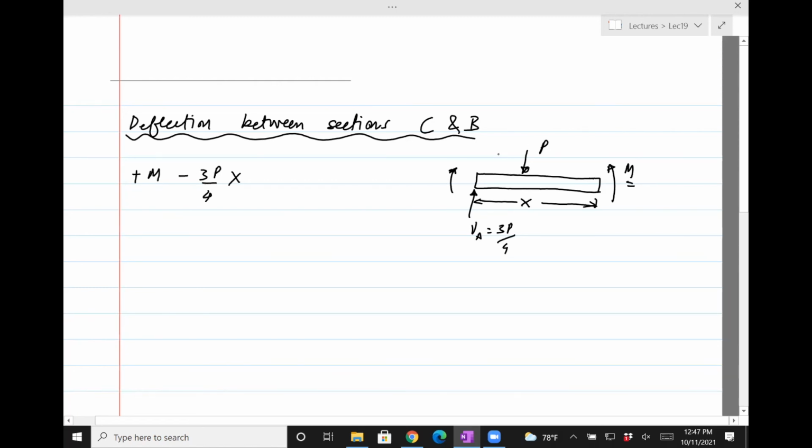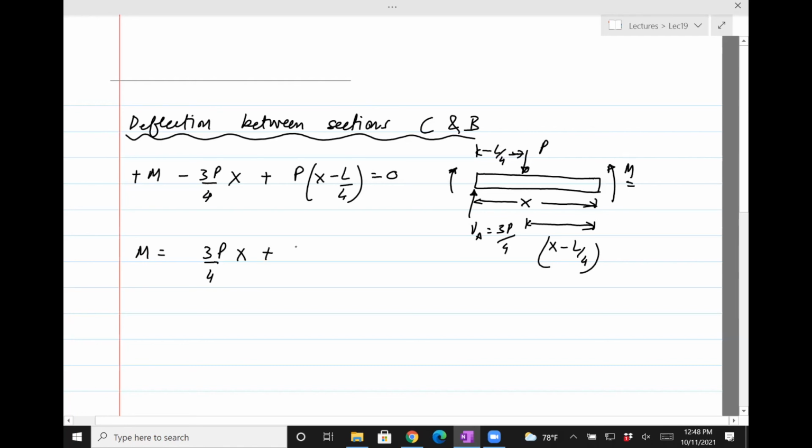So I'll write P times this distance, x minus L by 4, and it's going to be a counterclockwise one. And so M equals 3P divided by 4 x minus P(x minus L/4).